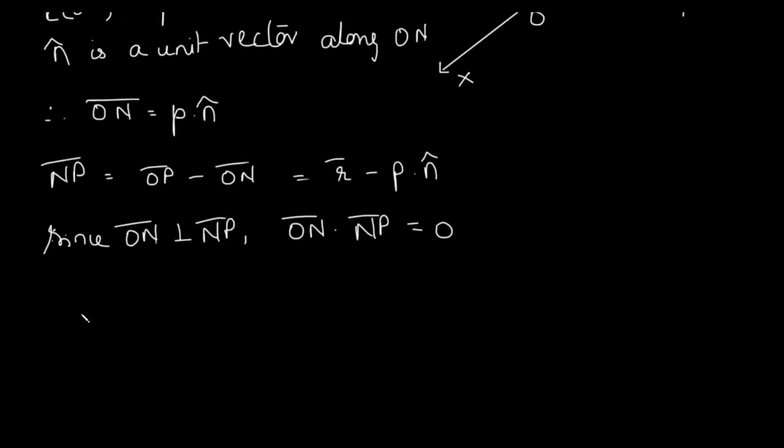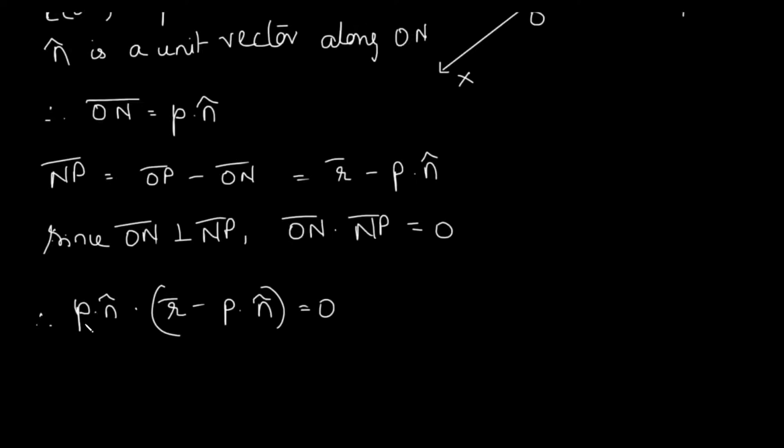Then substituting the values, ON becomes p n cap, dot NP. NP in this case is R minus p n cap, which is equal to 0.